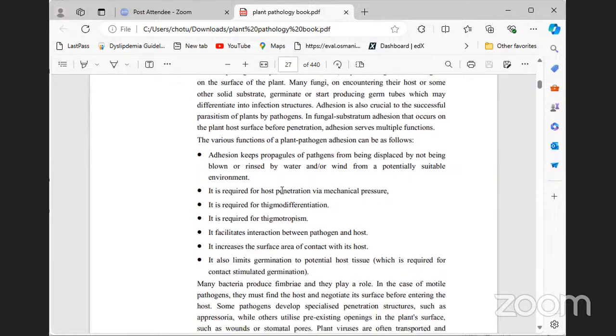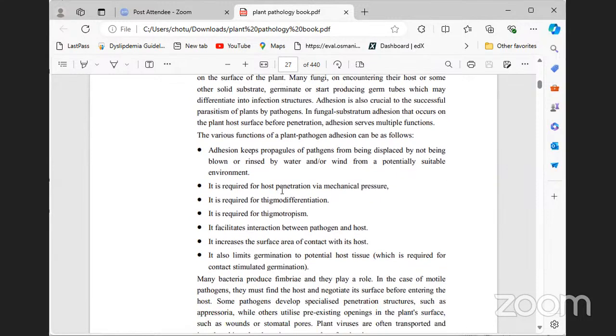The various functions of plant pathogen adhesions are as follows. The first one, adhesion keeps propagules of pathogens from being displaced or blown away by water or wind, in an environment potentially suitable for them. It is required for host penetration via mechanical pressure.